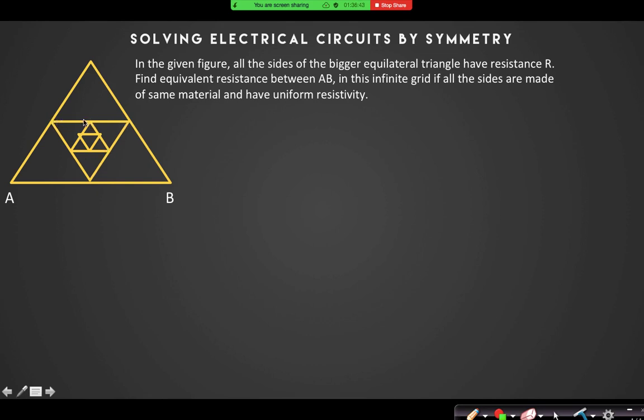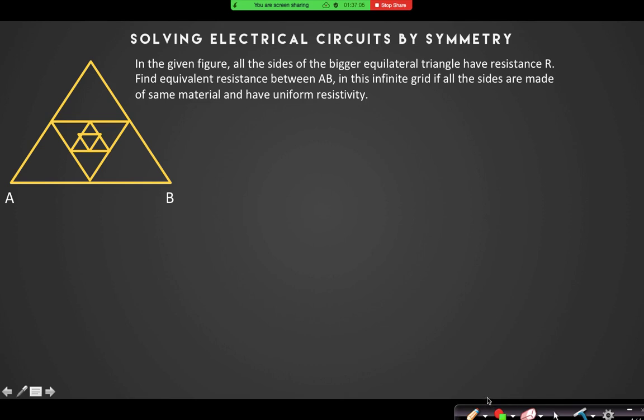And the bigger triangle has resistance R of each of the sides, right? So you can see that the next triangle will have a resistance R by 2 of each side. The next will have R by 4 of each side. So in that way, resistance is proportional to the length.